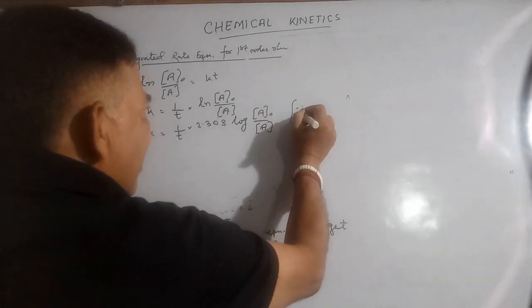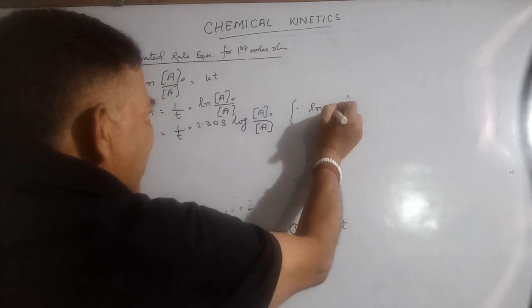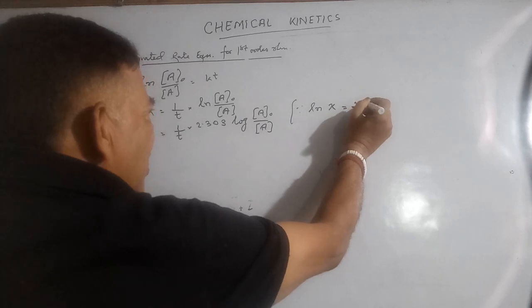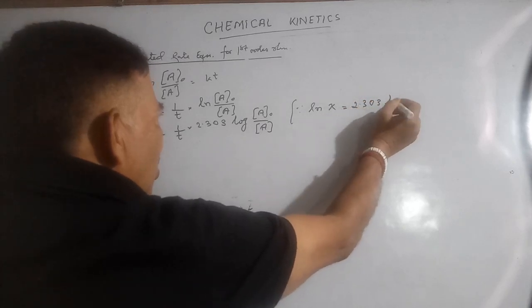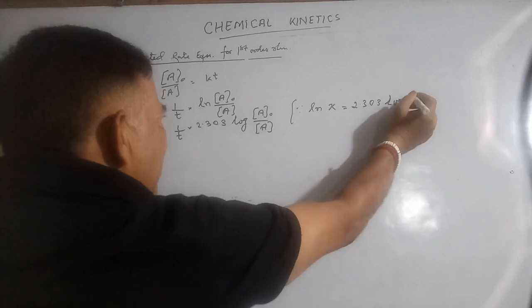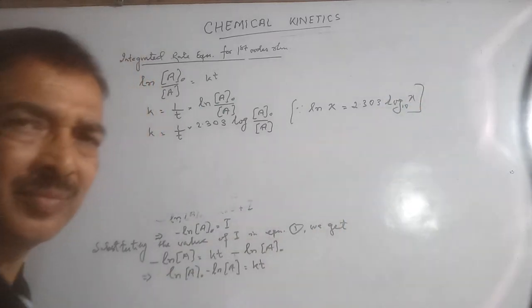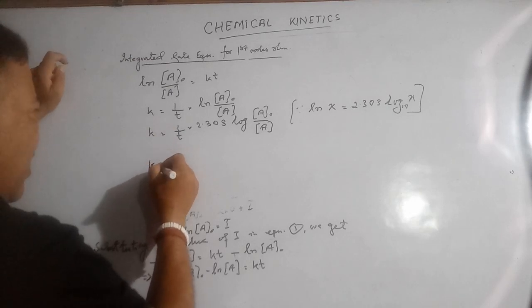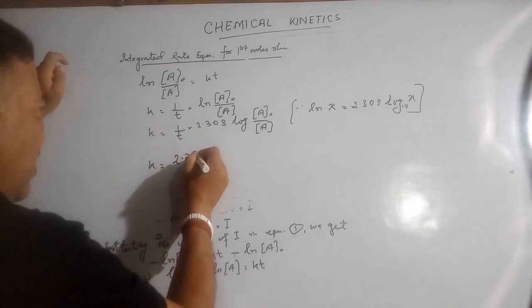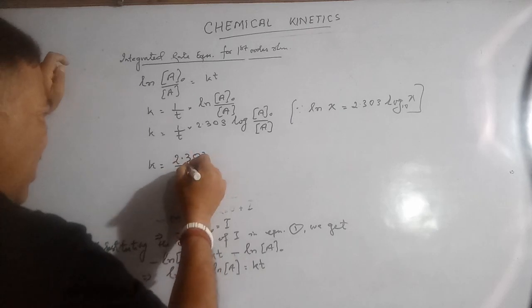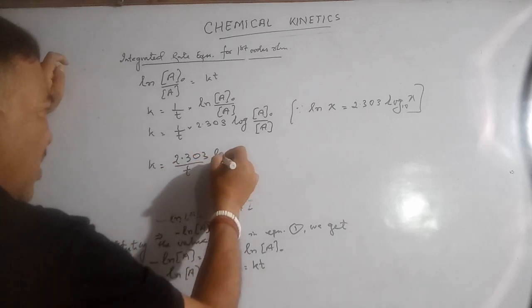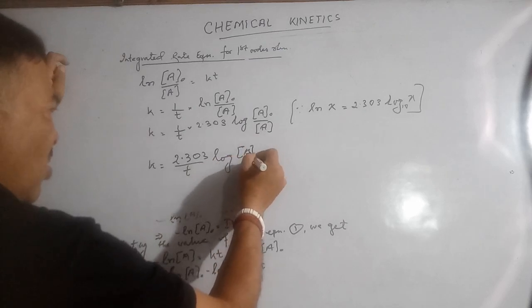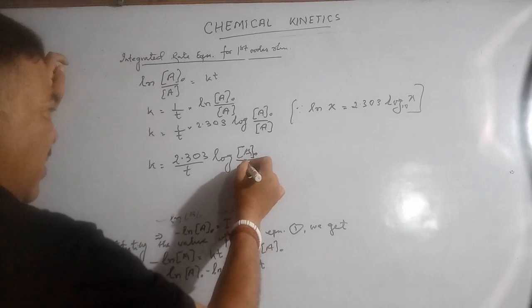Since natural log x is equal to 2.303 log to the base 10 x, now it becomes k is equal to 2.303 by t log [A]0 by [A].